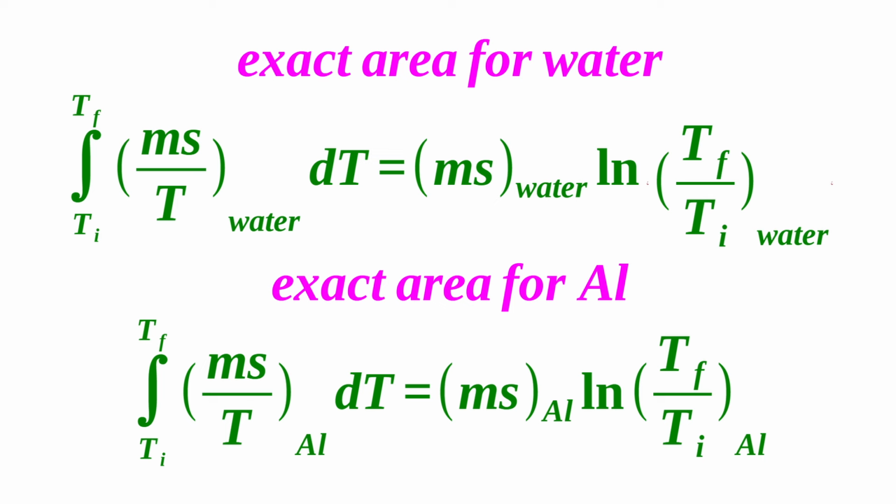Therefore, the definite integral and hence the exact area under the curve is equal to ms times ln of tf over ti. The result is applied to both aluminum and water.